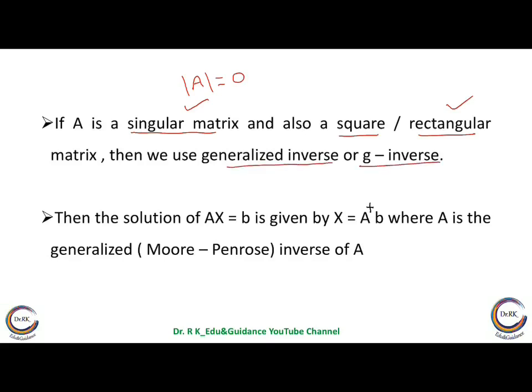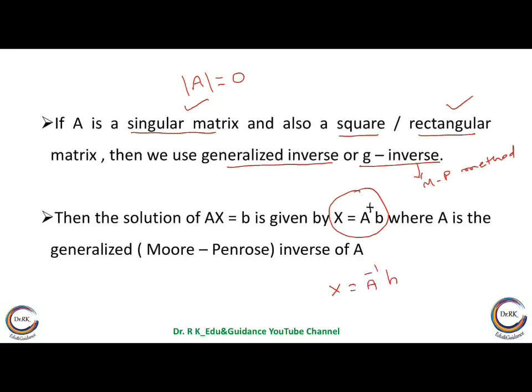So by using the MP method, Moore-Penrose method, or G inverse with the help of the Penrose method, then we write x equal to A plus B. If you remember, in the previous case, wherever it is non-singular, we write this as x equal to A inverse B, right?